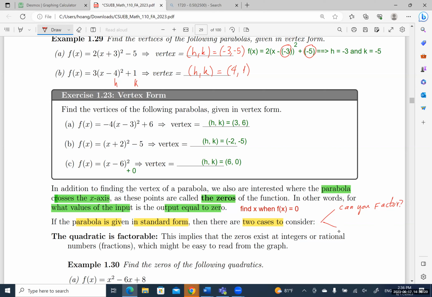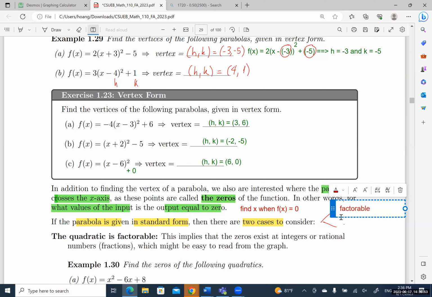And the other case is, or maybe I'm gonna say you can factor instead of saying you factor. Well, I'll say factorable. Okay.